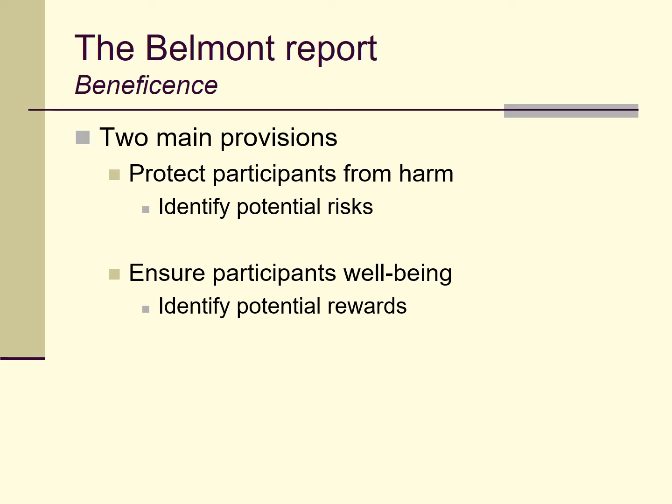We have to think, what are the sources of distress or discomfort or anxiety or worry that could come up if someone undergoes testing for us. We also want to try our best to ensure participant well-being, and that can involve identifying potential rewards or benefits from participation in testing or in research.